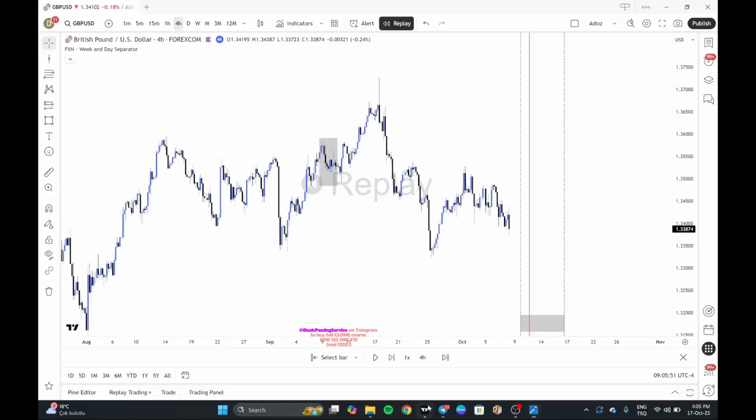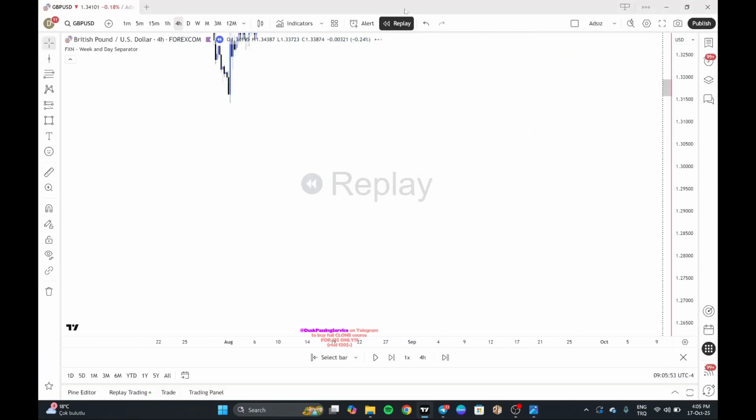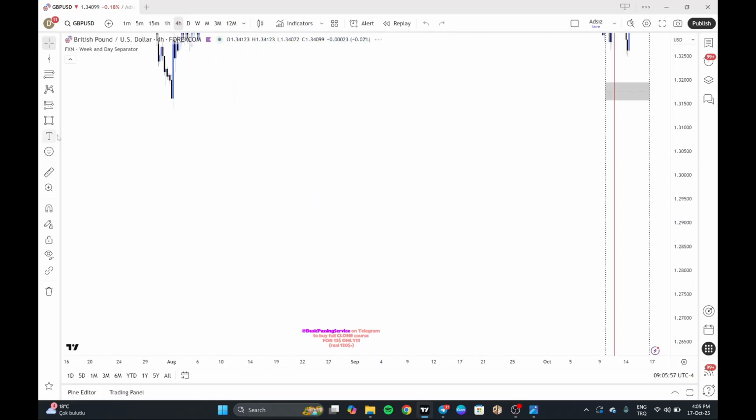So let me explain this here on the chart. Let's say this is a sequence on any time frame. It doesn't matter. You know, time and price are completely fractal.